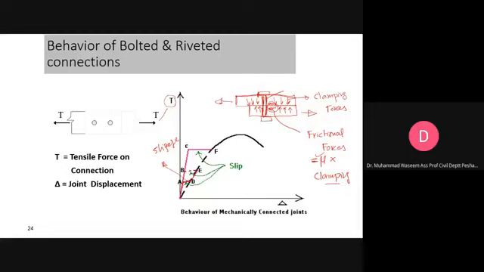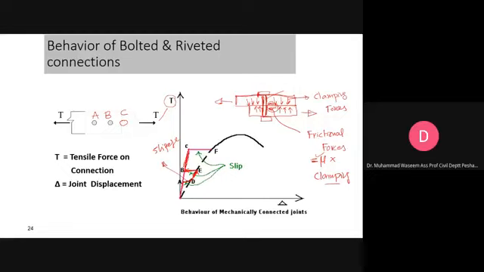Once it reaches here, let me draw it here. For example, this is bolt A, bolt B and bolt C. Once it reaches here, the frictional forces along the second bolt or rivet again come into play, so the frictional forces will resist the applied load.